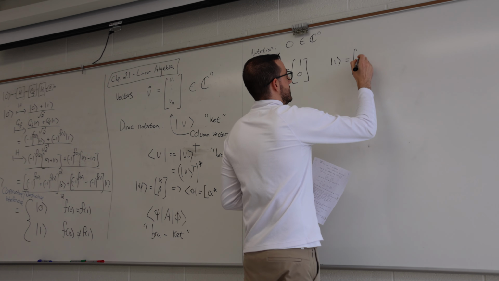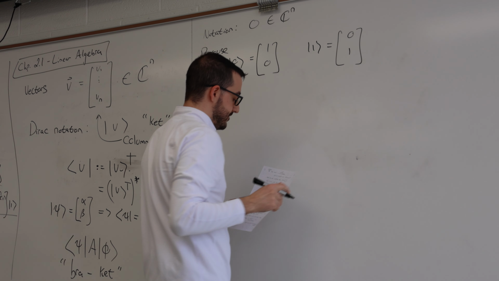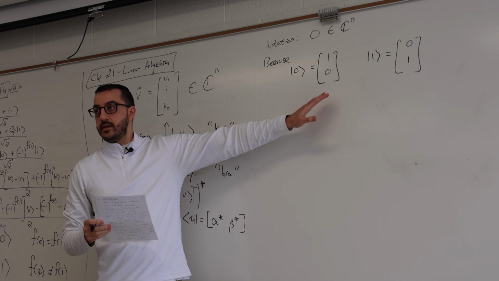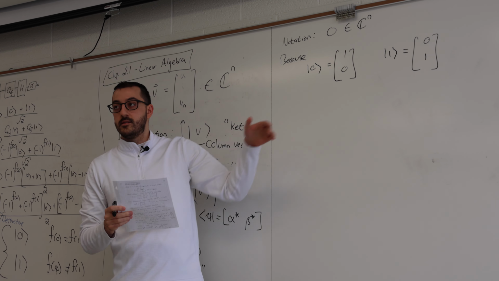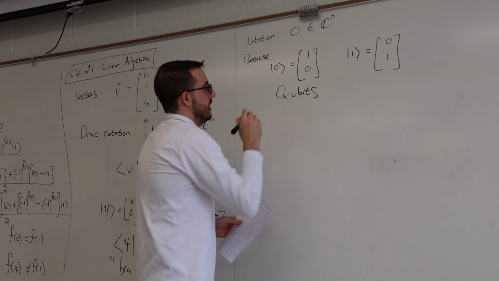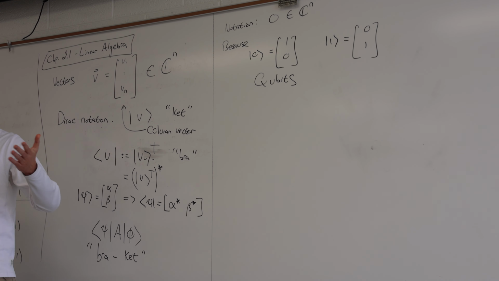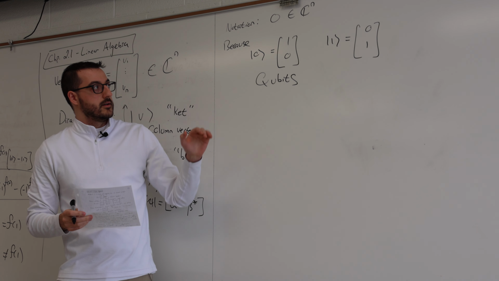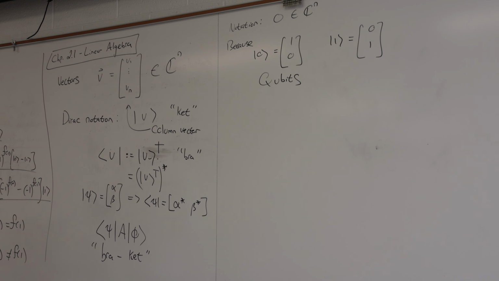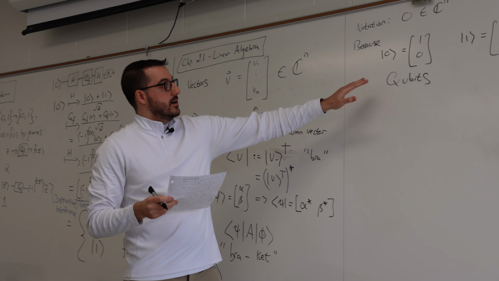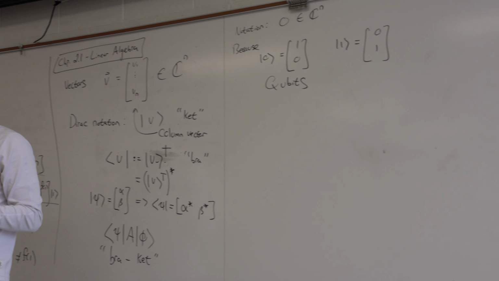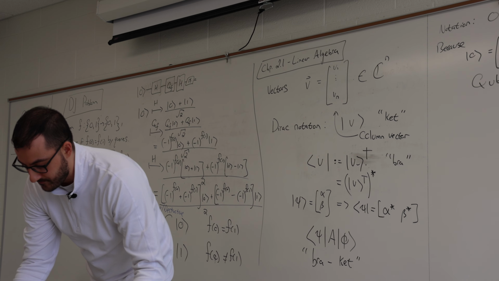Ket 1 is going to be the two-element vector 0, 1. We want to use these because we're going to think of and call these quantum versions of bits, which we shorten to qubits. With bits, we use 0 or 1, so we want to use this notation for qubits as well. So if you see ket 0, it means this, never the zero vector. The zero vector will always just be 0 in this course.